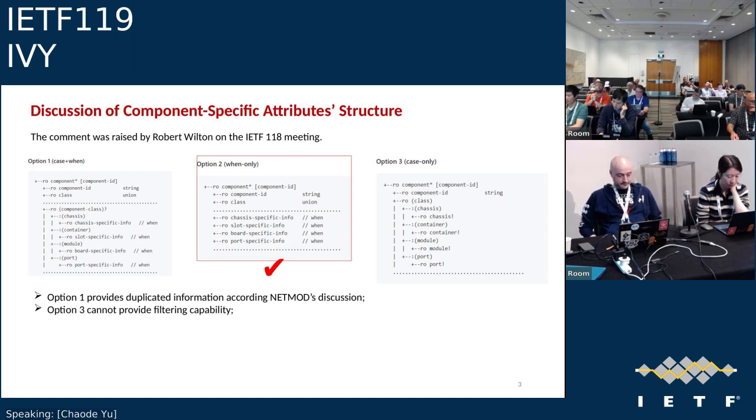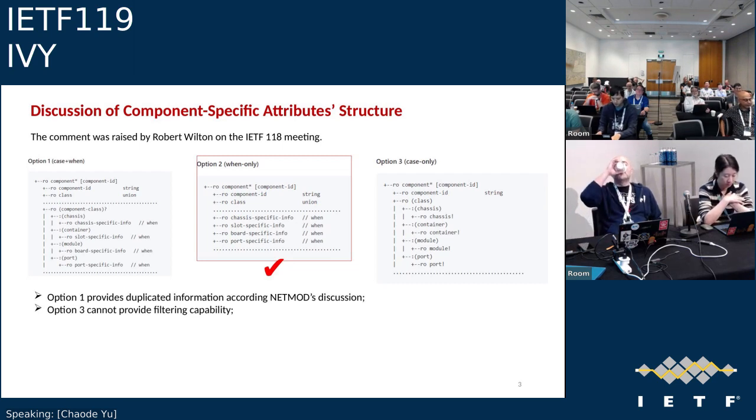This is the discussion of how to reintroduce the component-specific attribute structure. There were 3 options raised in the discussion. For the first option, which is the CCAM approach, some people consider that this choice case provides some duplicated information with the class attributes.